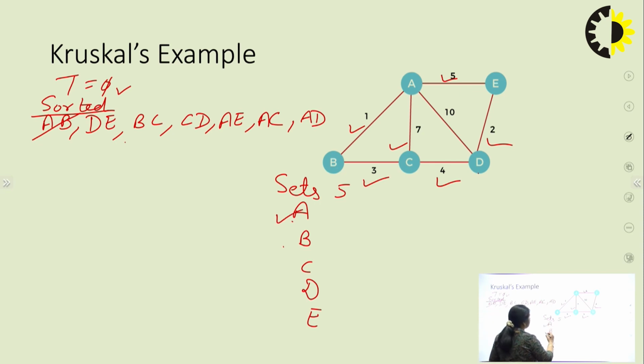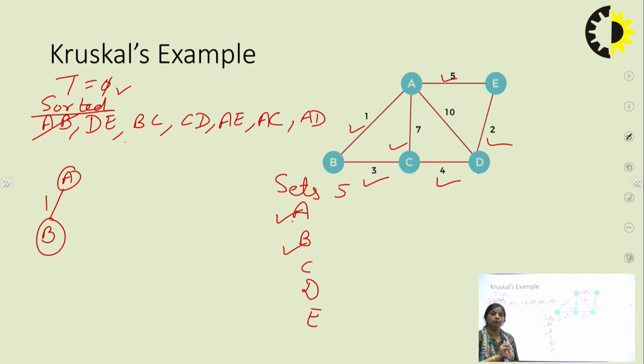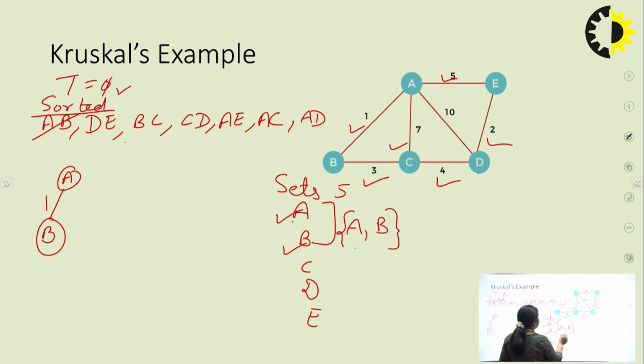A is in a different set, B is in a different set. So it will be included. So AB has been included. Why has it been included? Because both are in different sets, so there is no chance of a cycle. Okay, and after these two have been added and connected, their sets will no more be disjoint. They will get a union. Now we are having this set.